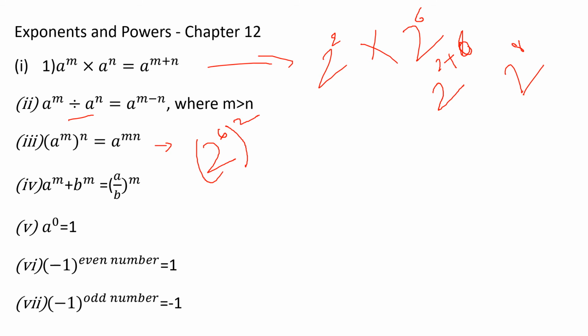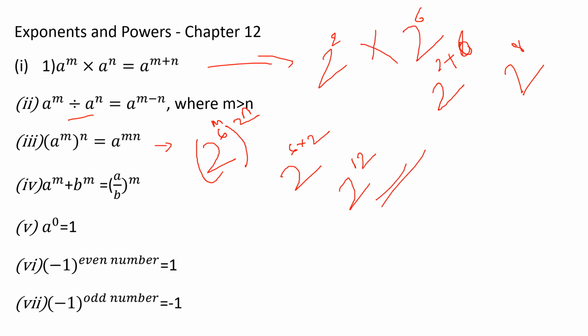You will apply this third formula: a power m the whole power n is equal to a power mn. Here 6 is m and 2 is n. mn means m into n, so 6 into 2. 6 2s are 12. So 2 power 12. Do you remember this problem, children?